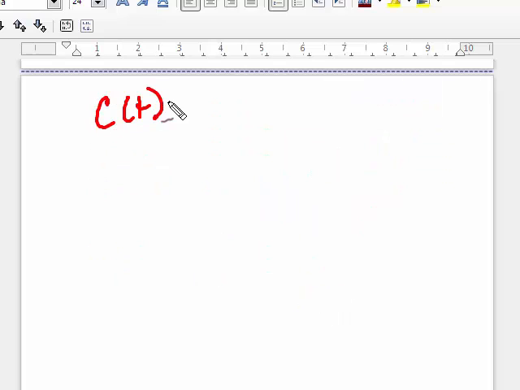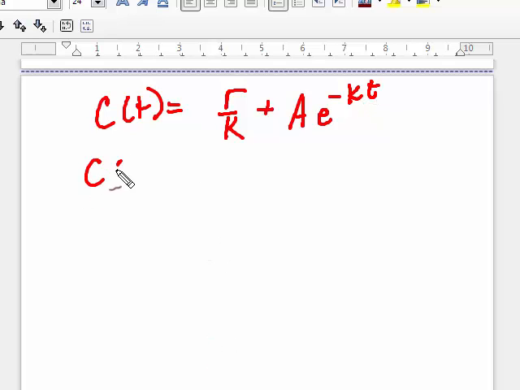So I have something that looks like this: R over k plus a e to the minus kt. My initial condition was that at time 0, when I started this experiment, the concentration was some C0. So that's some initial concentration in the blood when you start the experiment.